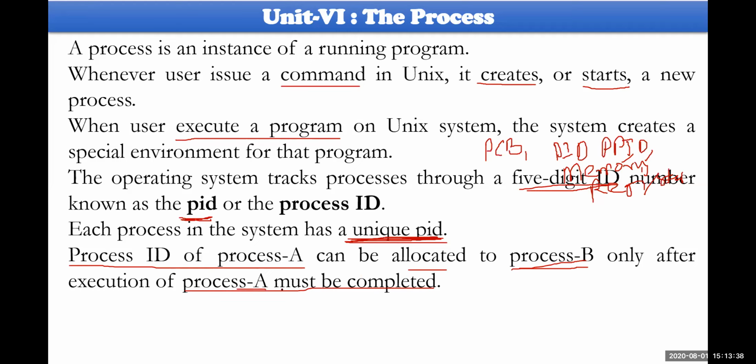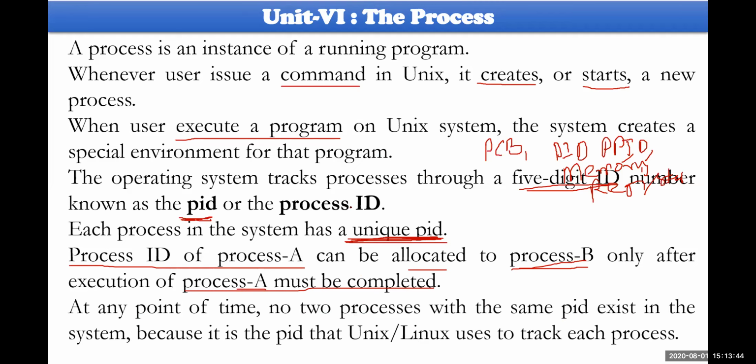We are not sure, but there is a possibility to allocate. At any moment of time, when processes are in running mode, no two processes will have the same PIDs.